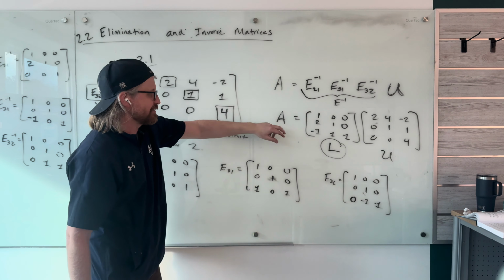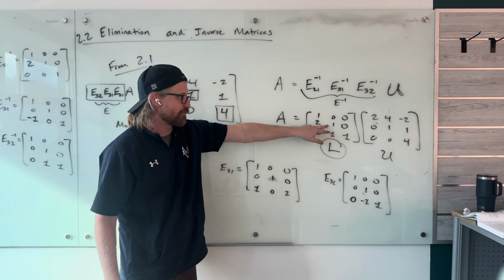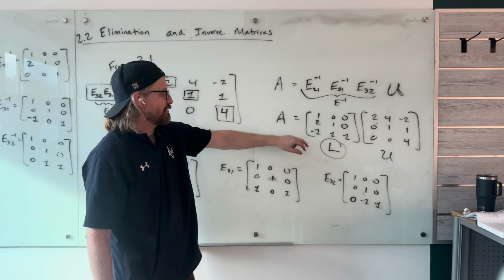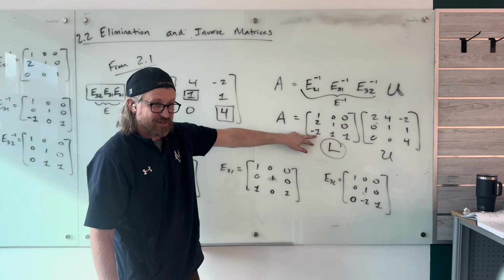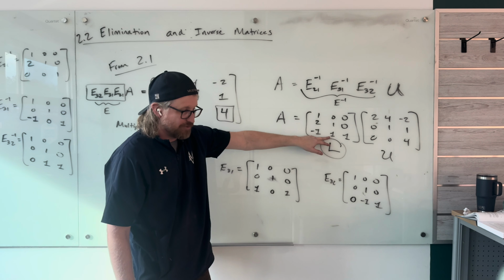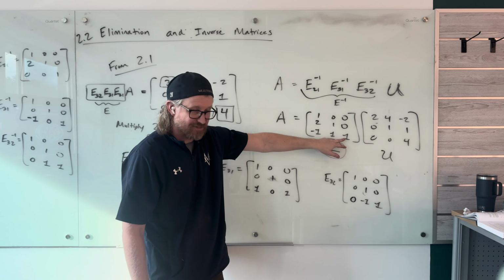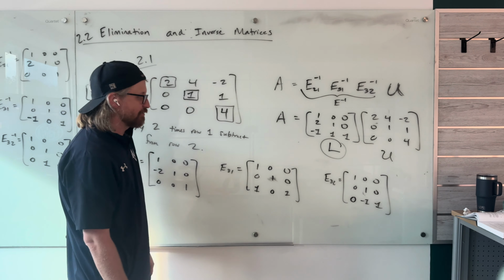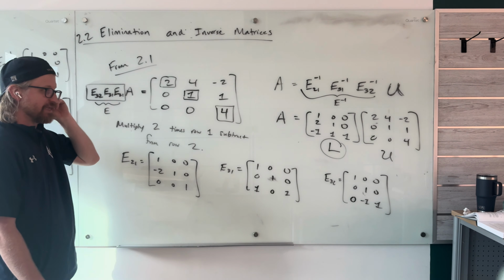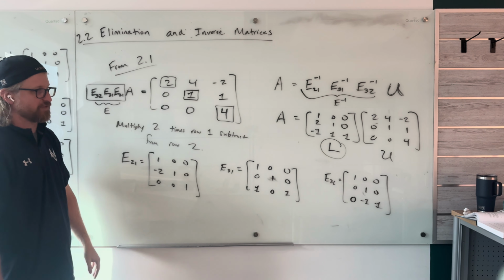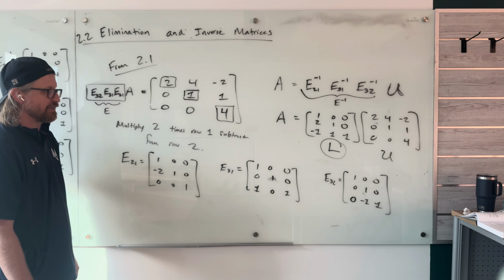We subtracted 2 times row 1 from row 2, so 2 is what goes in L in the 2 1 spot. We multiplied by negative 1 and then subtracted. We essentially multiplied by 1 and subtracted from the third row to eliminate the 3 2 spot. And so it's a really beautiful interaction in terms of how the factorization works, in terms of the combinations.